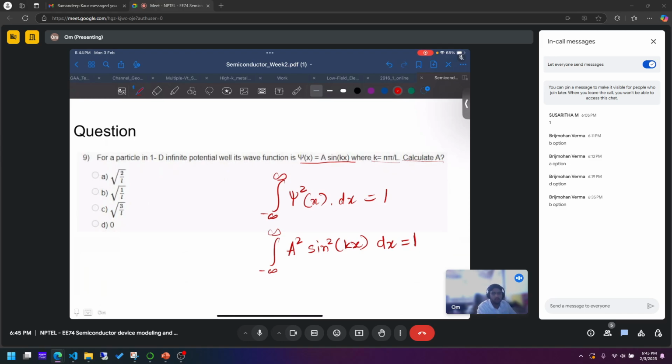So can you solve it further? Replace sine square x by its identity to convert it into cos theta.